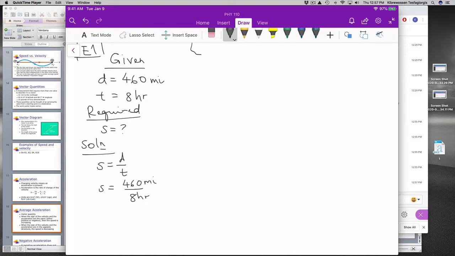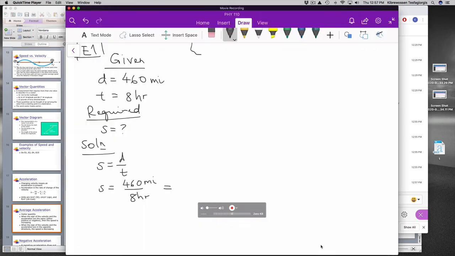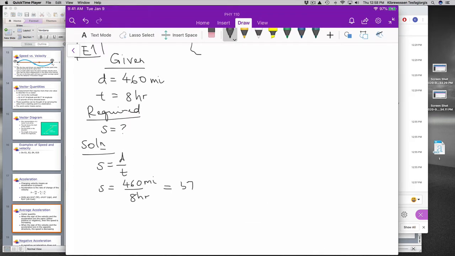So therefore, it's going to be 57.5 miles per hour. To differentiate mile from meter, I use mi for mile. So this is the answer.